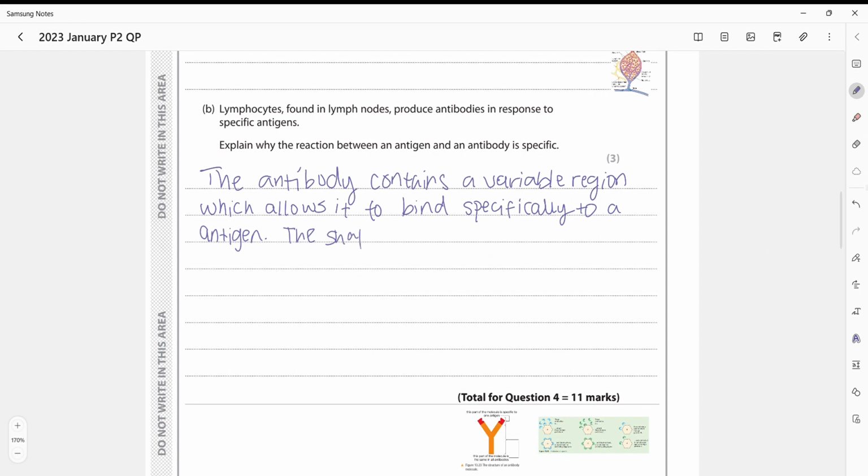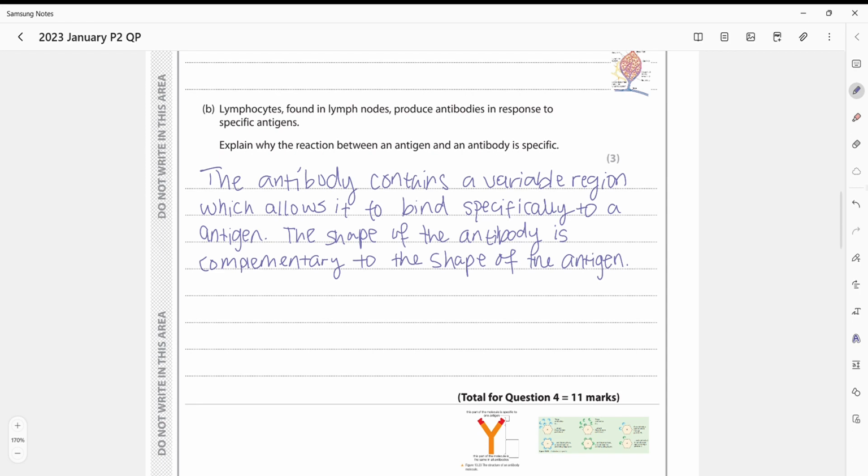The shape of the antibody is complementary to the shape of the antigen.